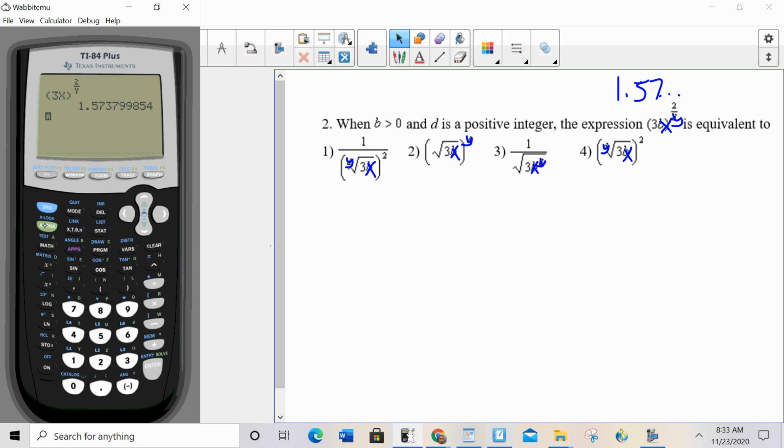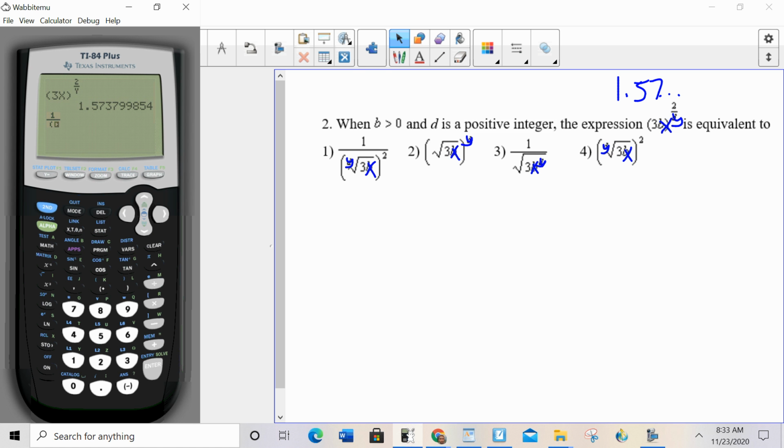Choice 1, to type the fraction in, alpha y equals enter 1 over. To get that y root, I start by hitting y, and then again to type any root in, I hit math option 5, a little x outside the radical. And you see the y goes in the proper spot. What I did forget to do, though, is put the parentheses there. I want to type everything in exactly as I see it.